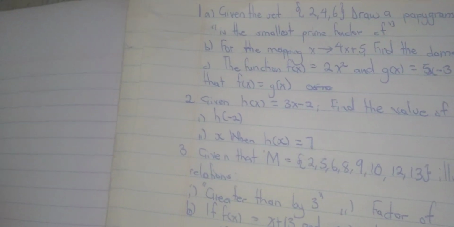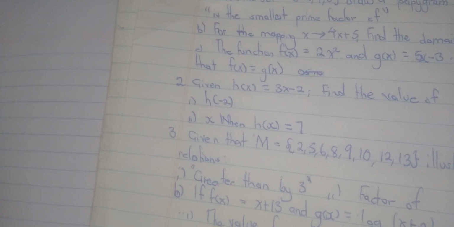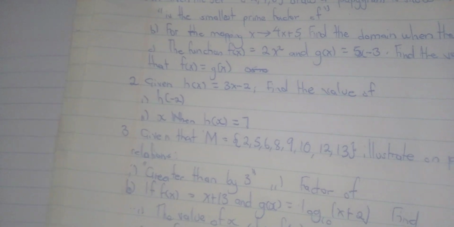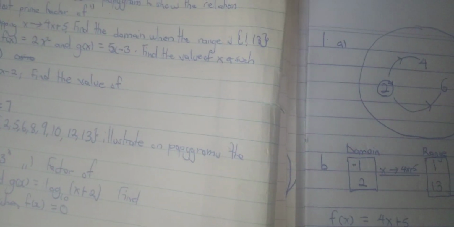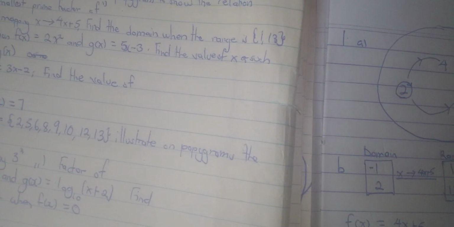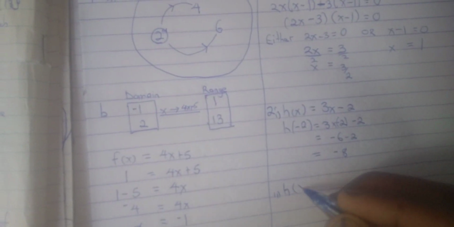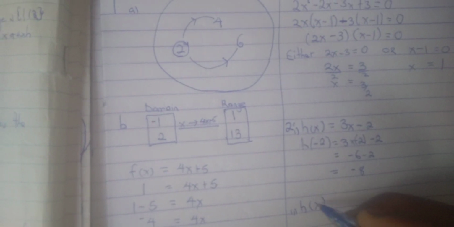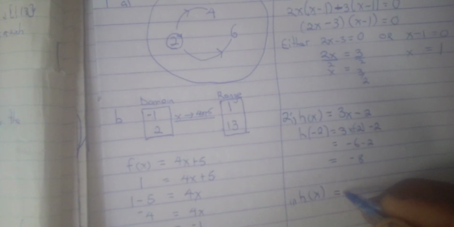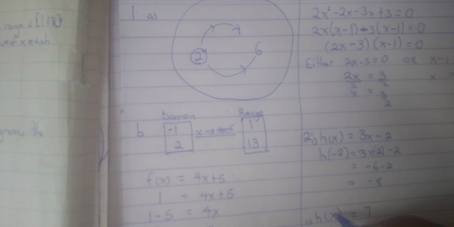Then we want the value of x when h of x equals 7. This is Roman numeral number 2; the earlier one was Roman numeral number 1. So we want the value of x when h of x equals 7.